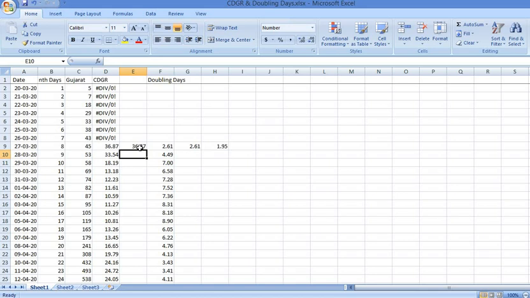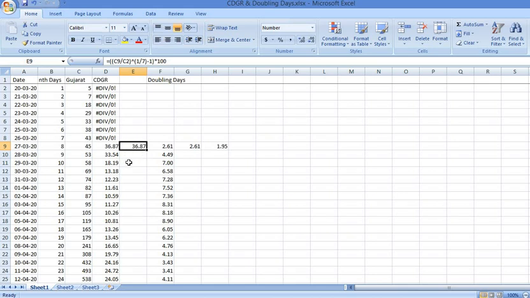But as of now it has been used mostly for 7 days, so we have calculated for 7 days, but we have taken into consideration 8 values, the 8th day cases divided by the first day cases, and that's why we are taking minus 1 here. So actually we are taking into consideration the 7 days cases. So what does 36.87 mean? This is a percentage. By this much percentage the cases will increase in the coming days.